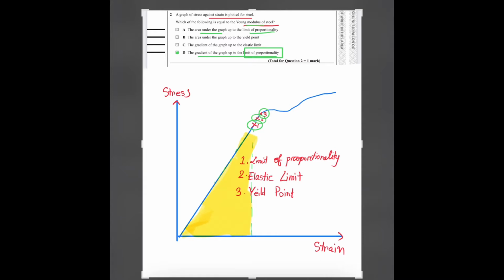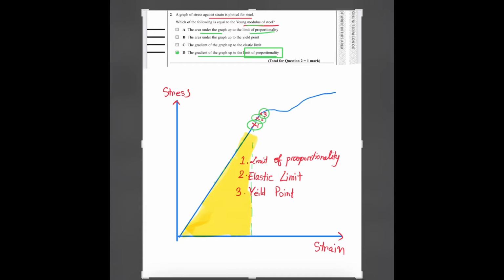B is not the correct answer, because up to that point it represents the work done. Work done is equal to force into distance, and stress into strain is also work done, since it is basically force into distance, so this represents the work done, not the Young's modulus.